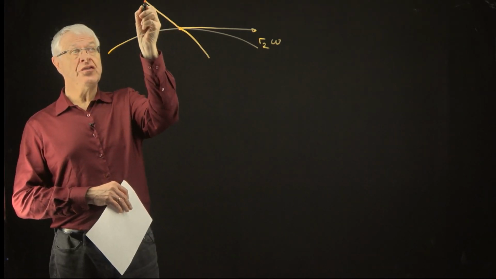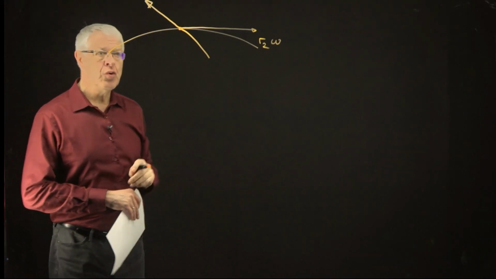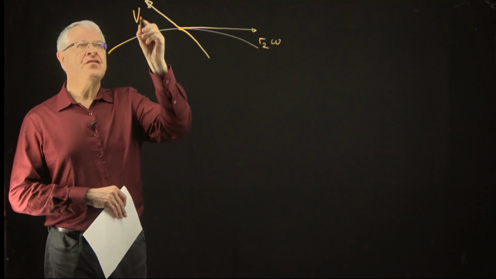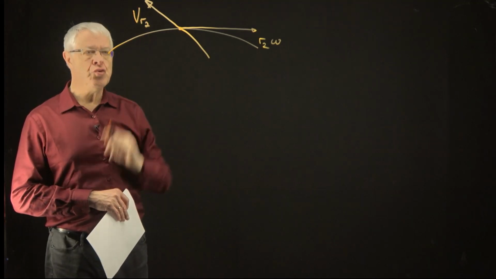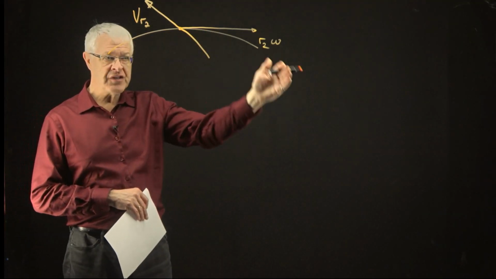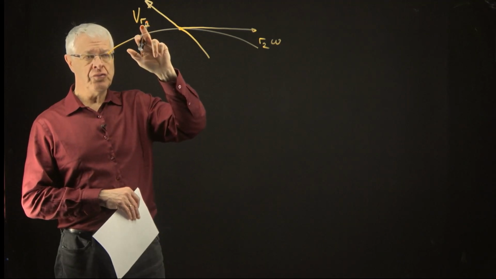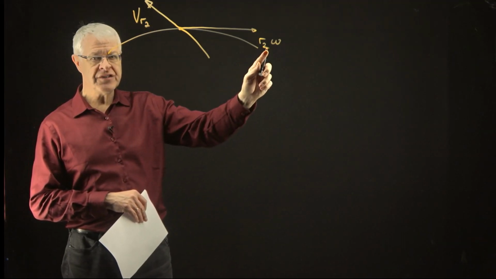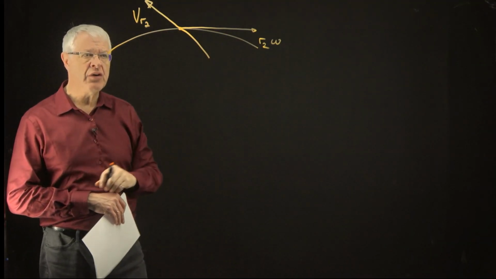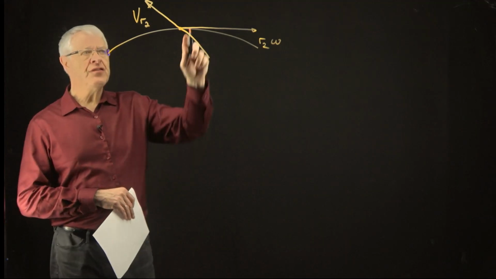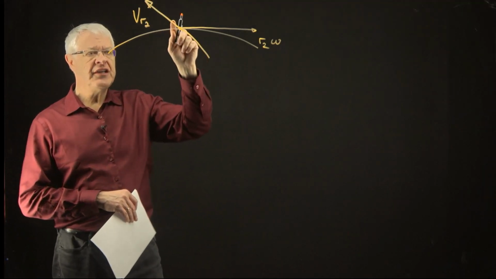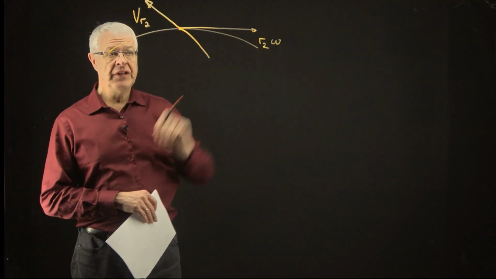So relative to the blade, the velocity of the water looks like that. So that's V relative to. Again, the subscript 2 means I'm working at the exit here. So V relative to and the radius 2. So that's the velocity of the water relative to the blade, and this is the velocity of the blade itself.